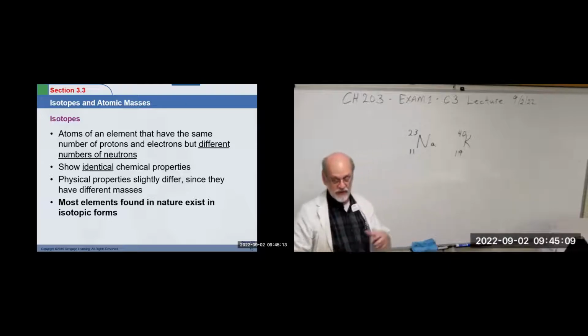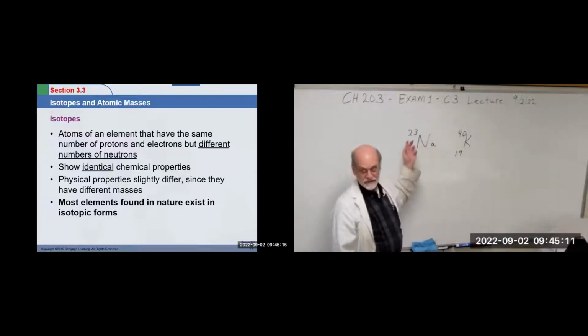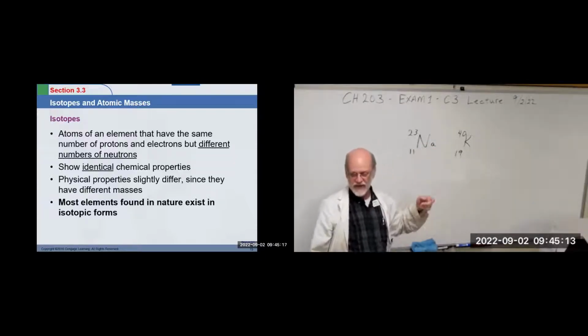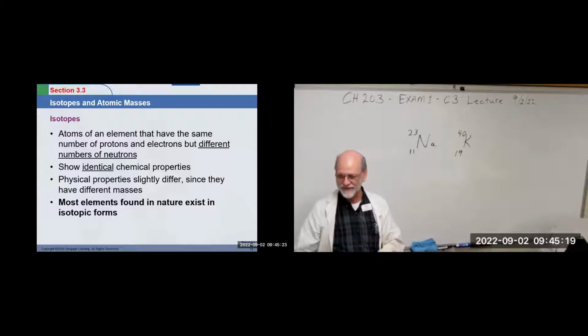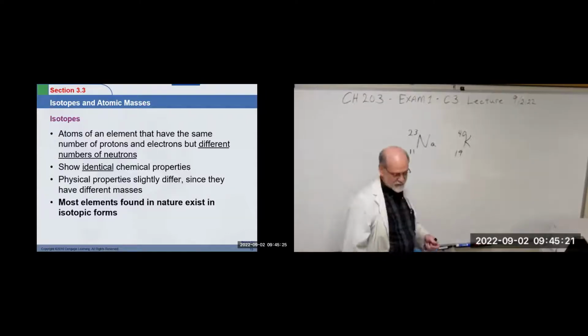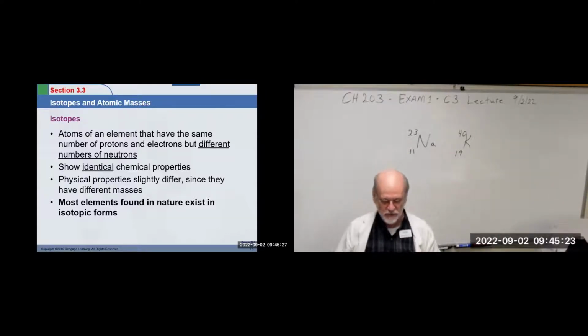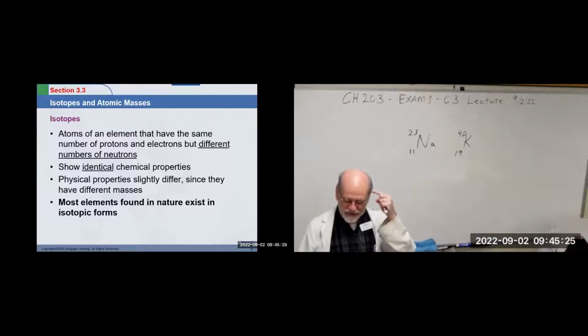Can those be isotopes? They have different numbers of neutrons, don't they? But can they be isotopes of one another? No, they have to be the same element to be isotopes. I'm just making a stupid point to hopefully drill it in.